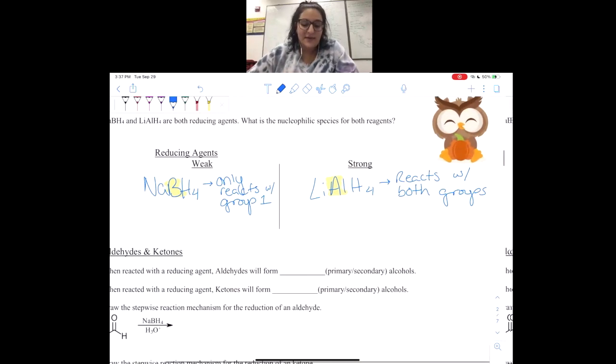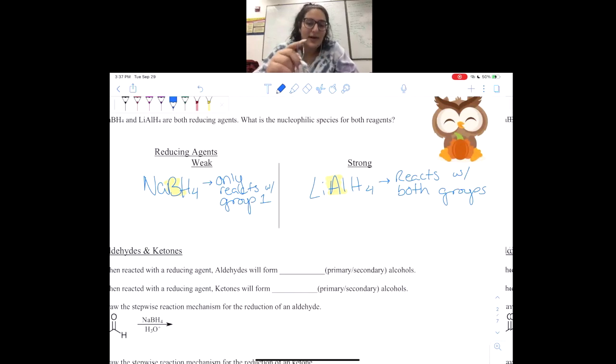But before we move on, we actually have one more surprise reagent, and we call him DIBAL. And the reason I'm writing that in the middle is because DIBAL over here is very interesting in that it is both strong and weak.